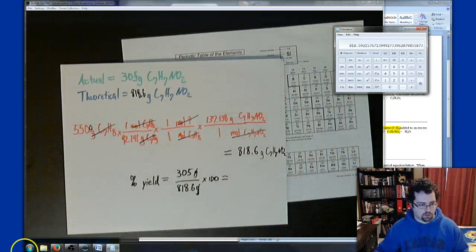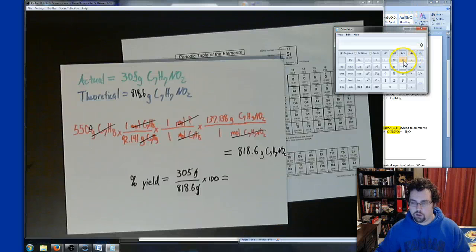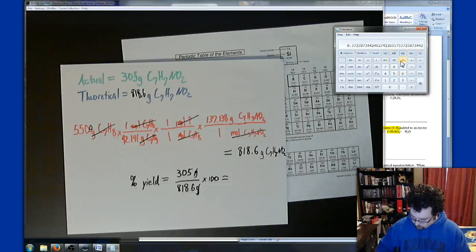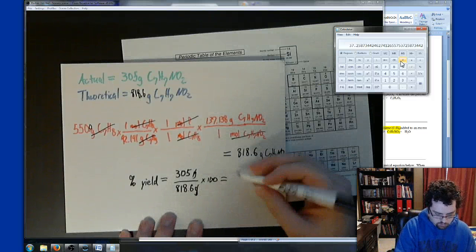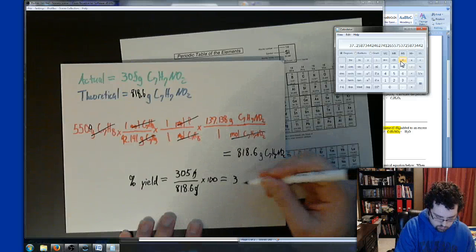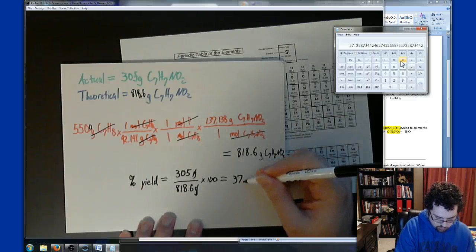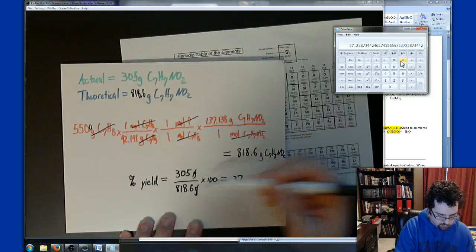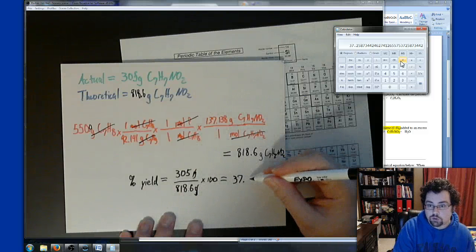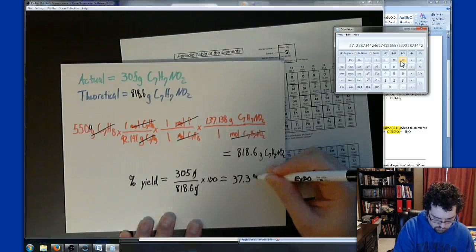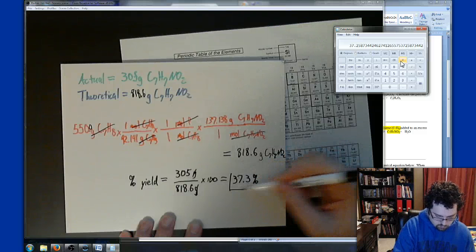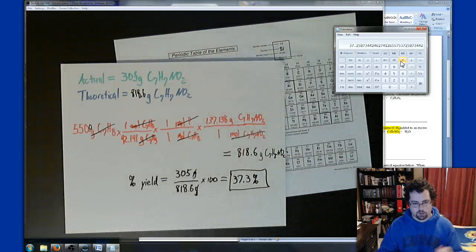We can already tell it's not going to be an amazing yield. 305 divided by 818.6, and then times 100 for percentage is 37 point, this has 3 sig figs, this has 4, so my answer is 3 sig figs. 37.3% is my final answer.